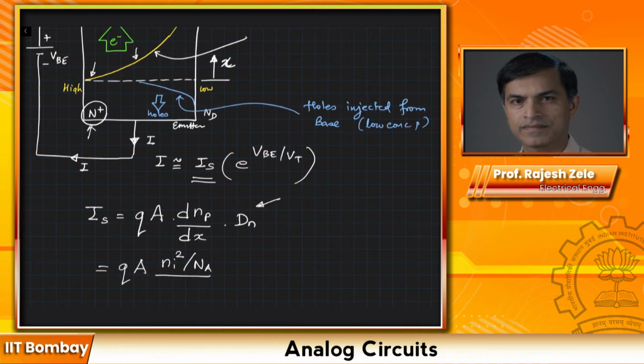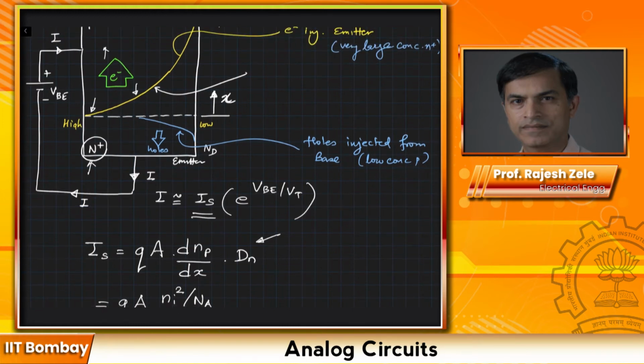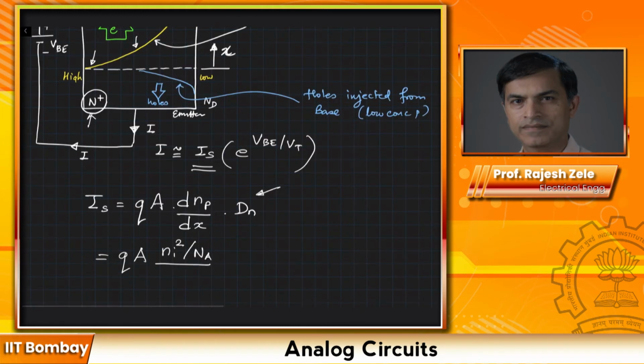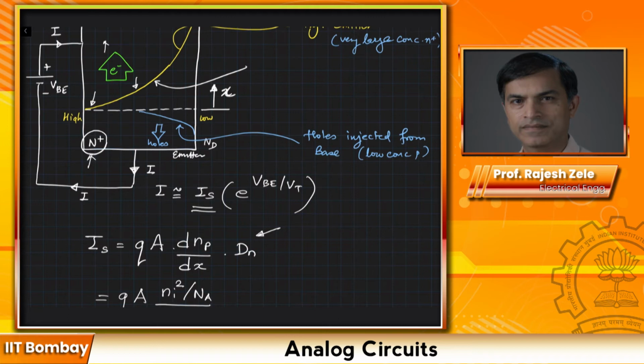And what is dx? dx depends on the profile of this curve that we are seeing, the yellow curve, and we use a constant called diffusion length, Ln. N indicates electrons, so this is the diffusion length of electrons, and Ln indicates what this curve looks like.